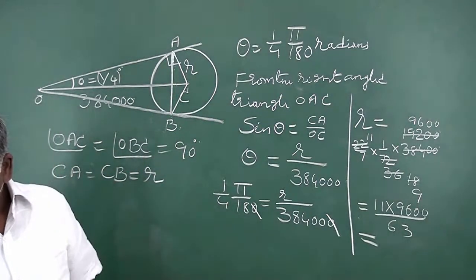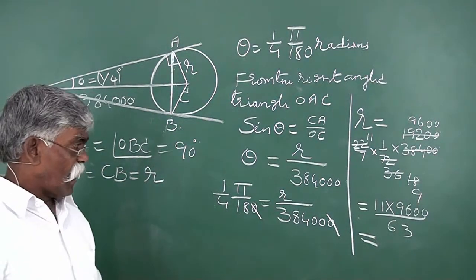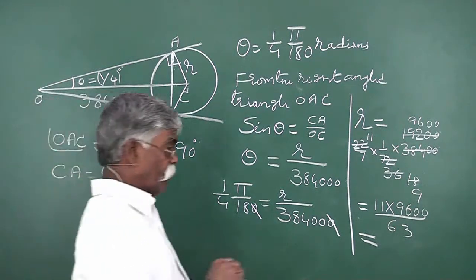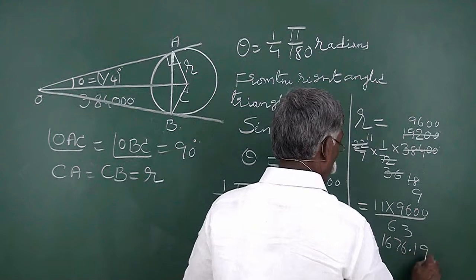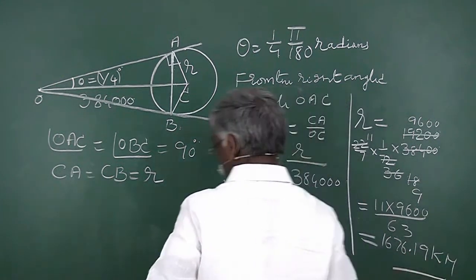And further simplification or by actual division, it will be 1676.19 kilometers.